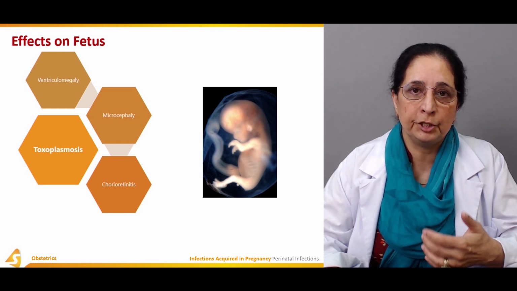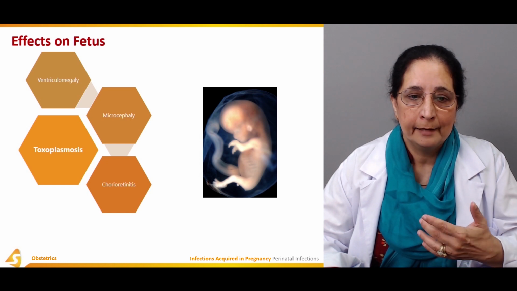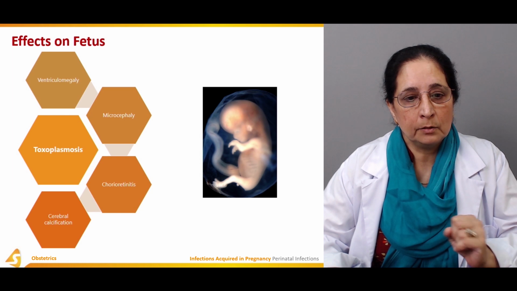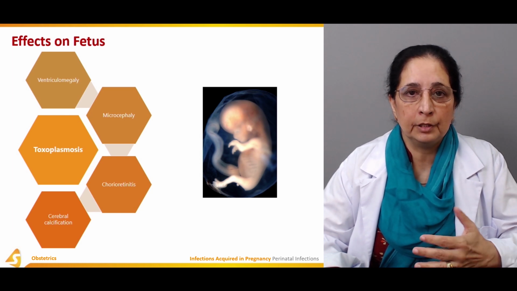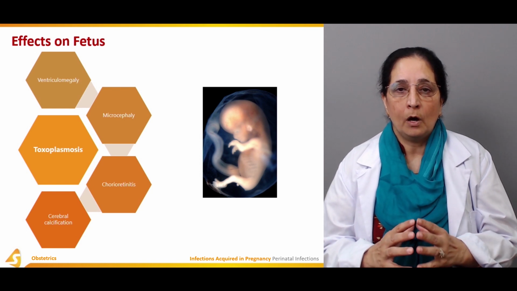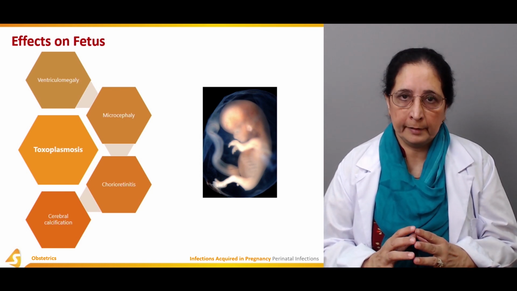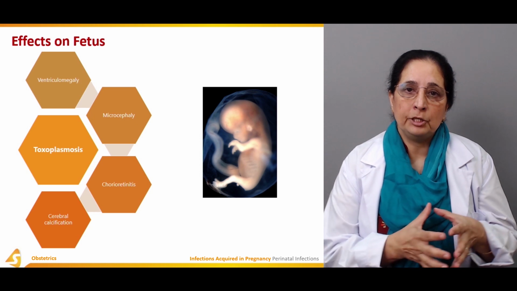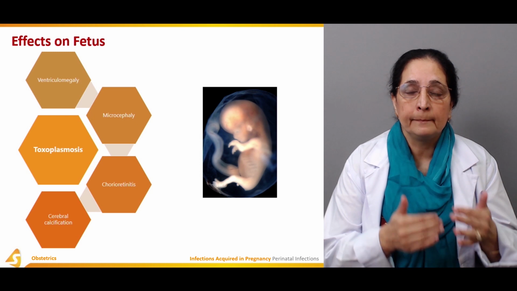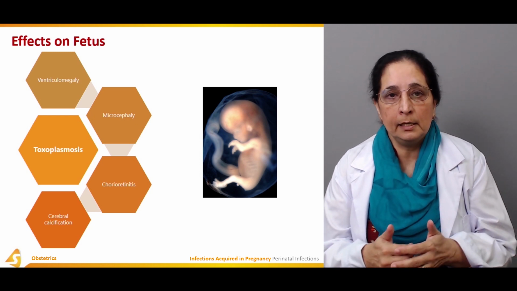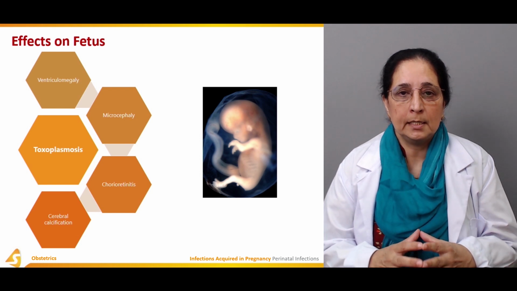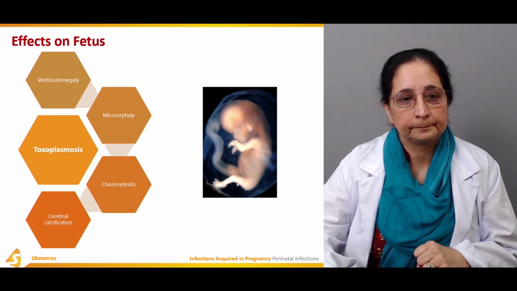There is inflammation of the retina. And then also cerebral calcification is present. So the effects of toxoplasmosis on the fetus are very serious, and as I mentioned in the previous slide, in early pregnancy more severe damage to the fetus is present.